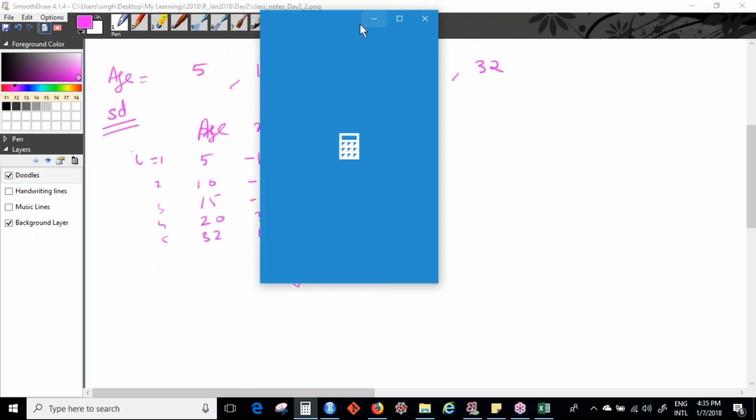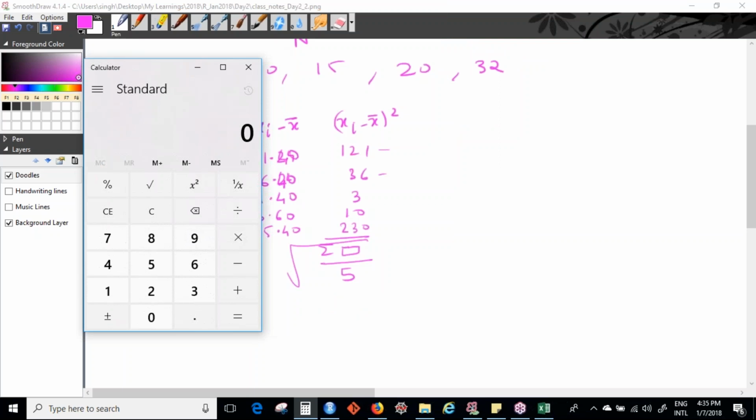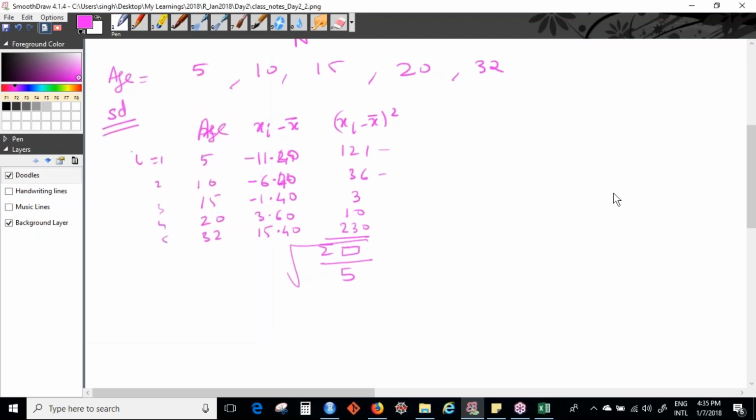So approximately if you calculate, it will be 121 plus 36 plus 3 plus 10 plus 230 divided by 5 and square root of this. So 8.9 or maybe around 9.6 you will get. I did not calculate the squares correctly. You will get around 9. So I think 9.26 is the correct answer.